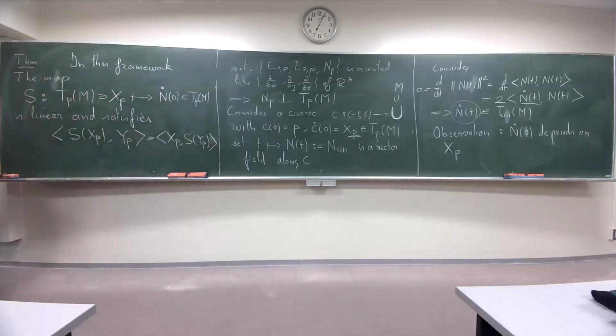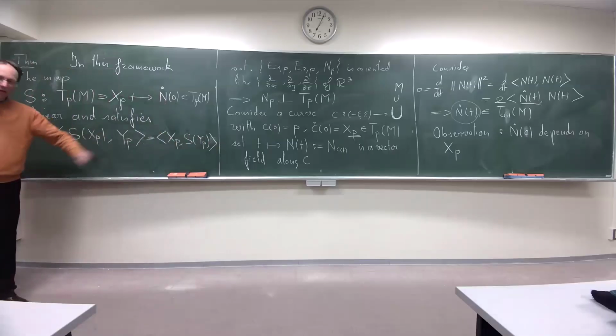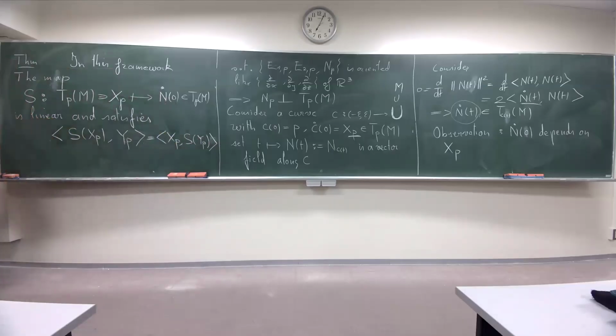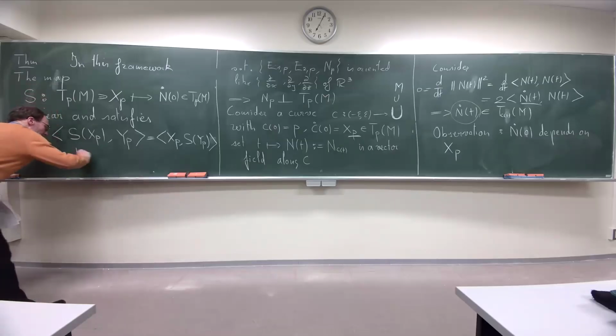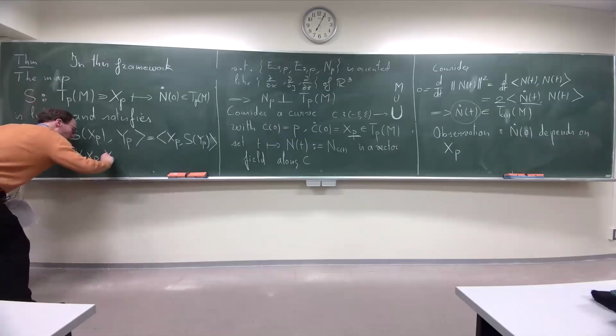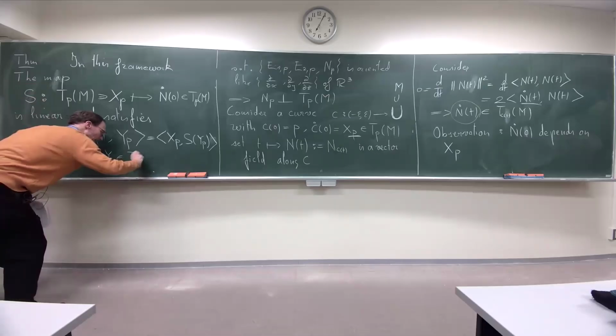Think about this. This S is a linear map, and it satisfies this relation. This should remind you of something. Yes, it means S can be represented by a self-adjoint or Hermitian operator, or even a matrix, because this is true for any xp and yp in TpM.